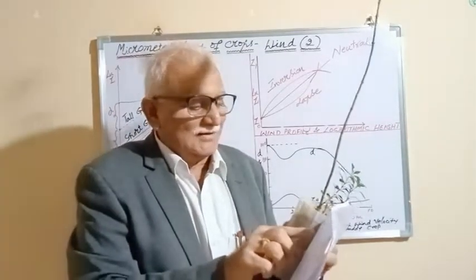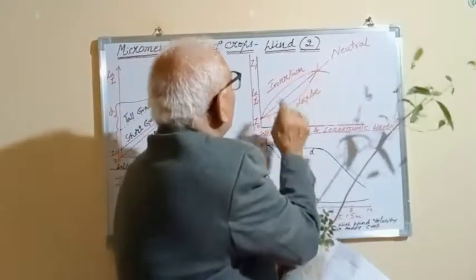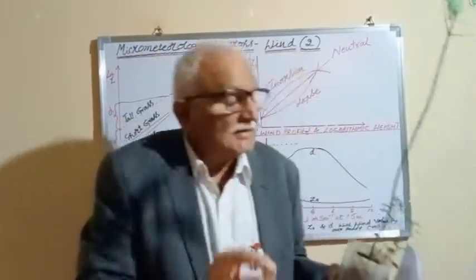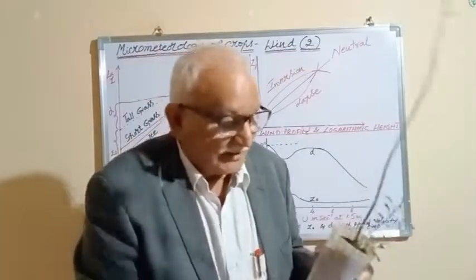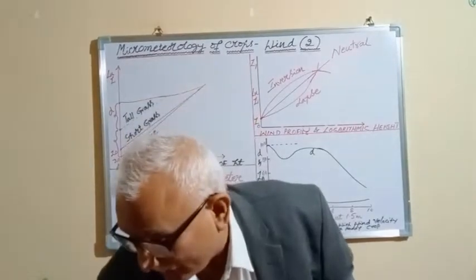Both under the lapse and inversion conditions, this is curvilinear. This statement will come as a bit in SRF. Take this for granted. Now, let us go for short vegetation. What will happen?